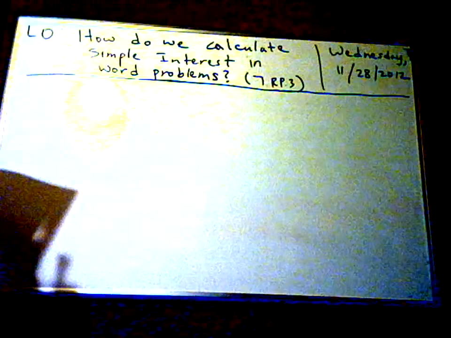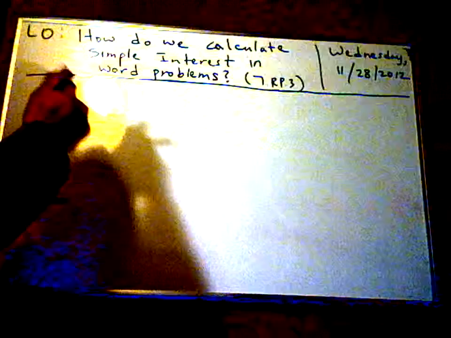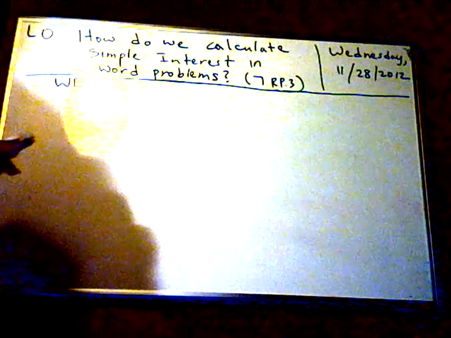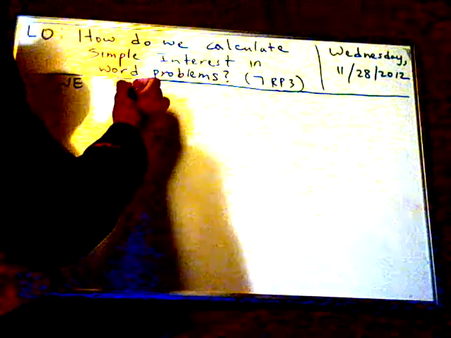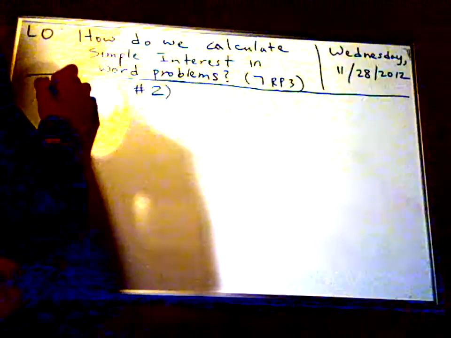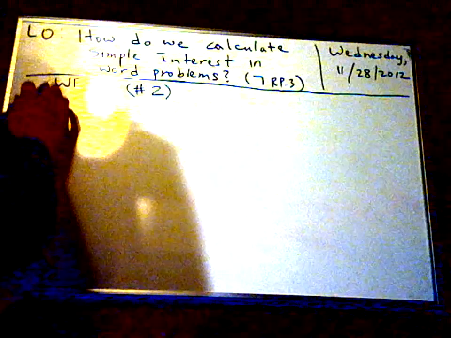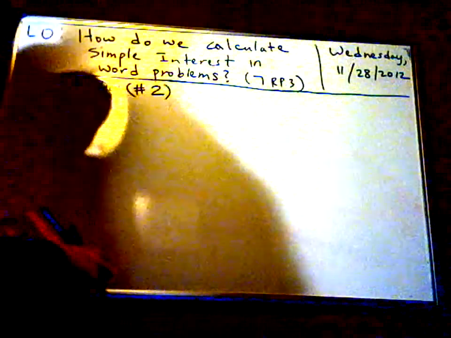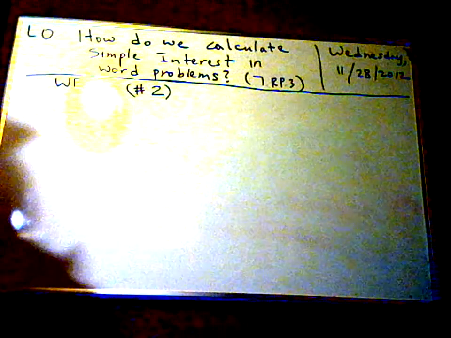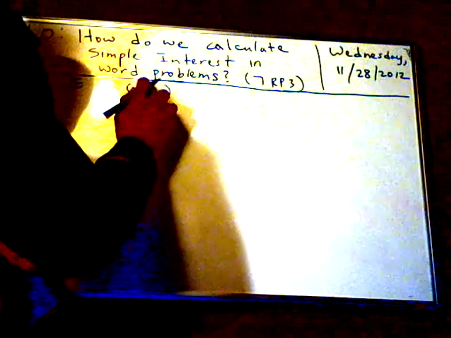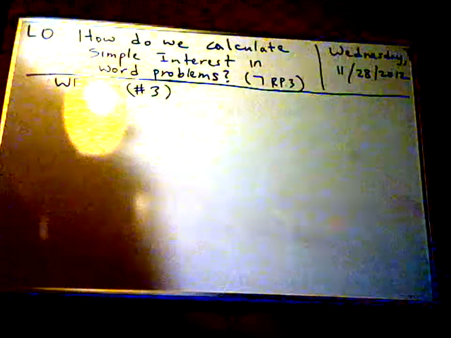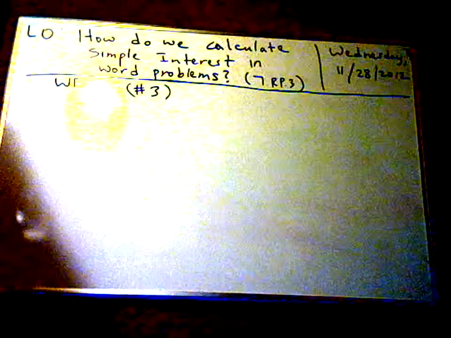I'm going to call this number 2. We do number 2. Okay, just to keep it with what I have on paper, I'm going to call it number 3. Instead of A and B last time, I should have had 1 and 2.